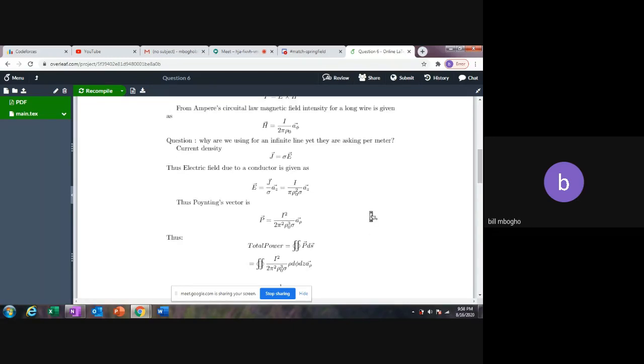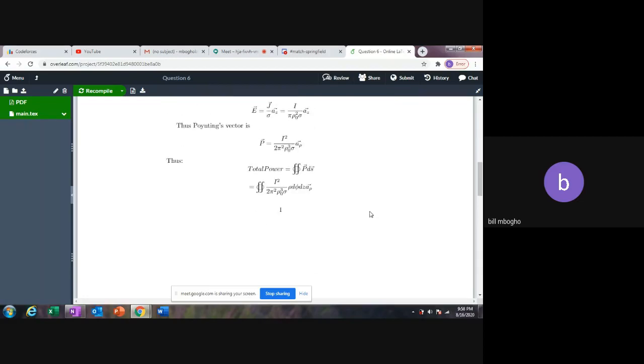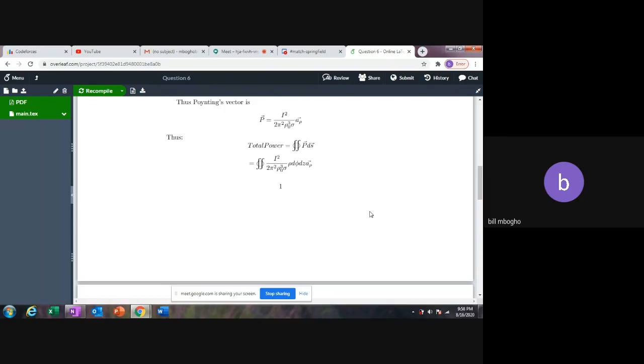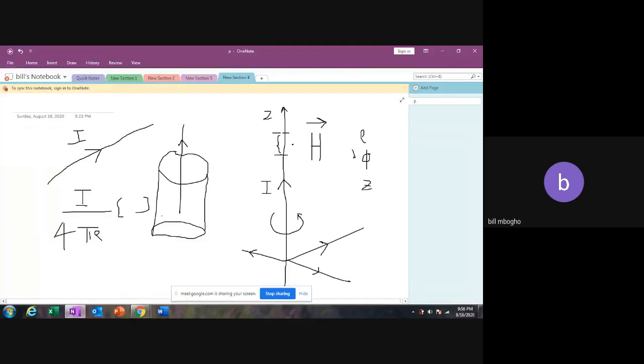Okay, so now the next part, which is the second part, is to calculate the total power. And in fact, this is the last part. So now this is where the area comes in. If you think about it, this wire is like a cylinder, and current is flowing like this, but power is being lost like this, outwards.